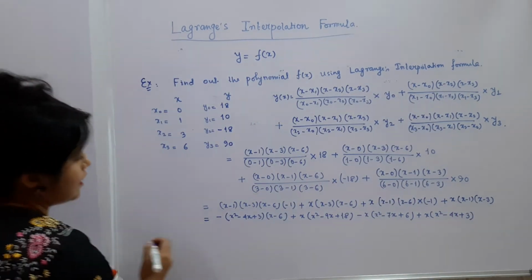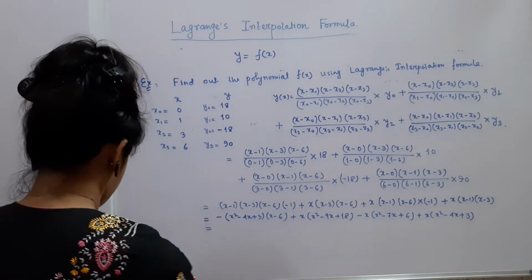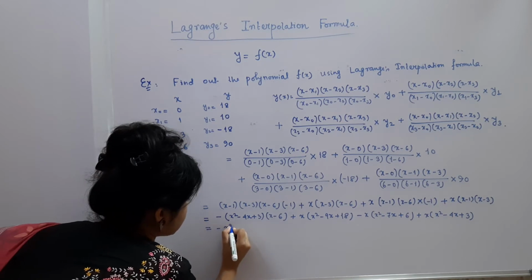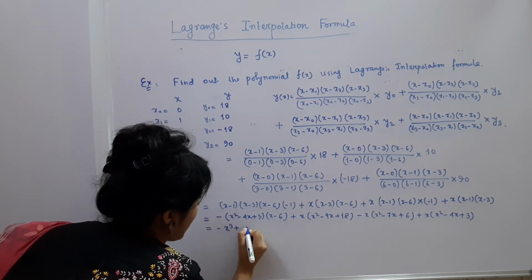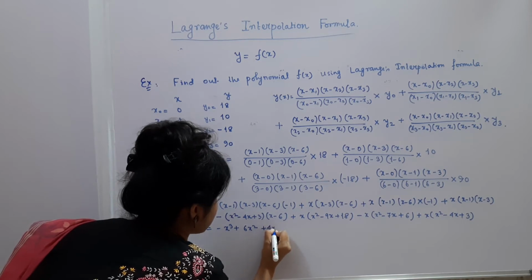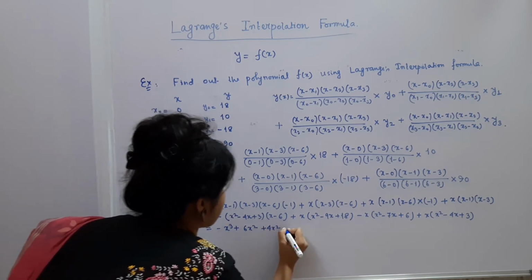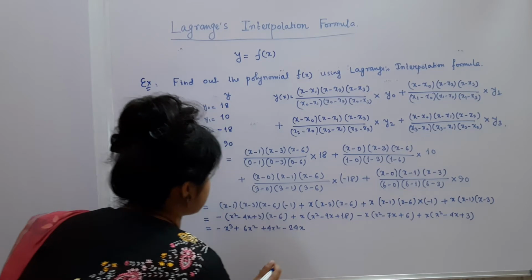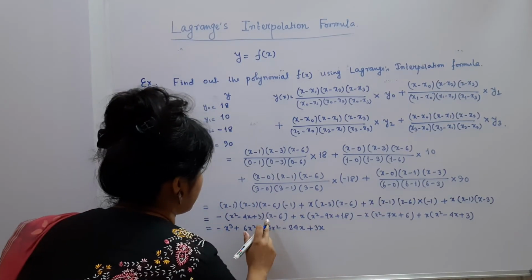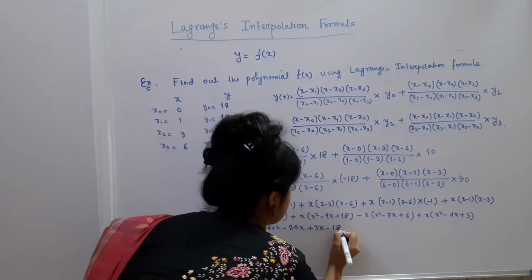So now I am expanding it again. So minus x cube plus 6x square plus 4x square minus 24x plus 3x minus 18.